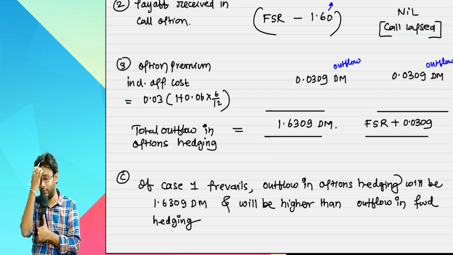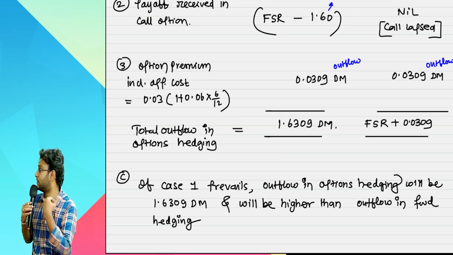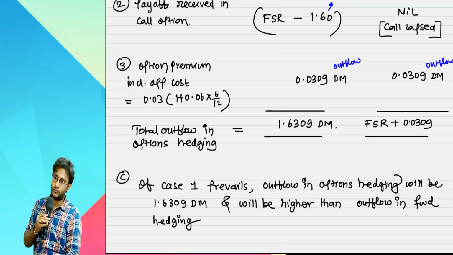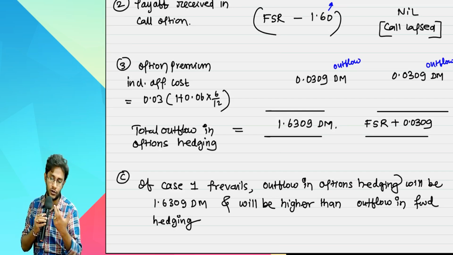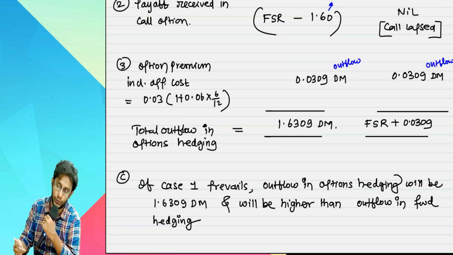Actually here the strike price is 1.6 only. Who is the culprit? The premium. The 0.03 is making these options a bad choice for hedging.